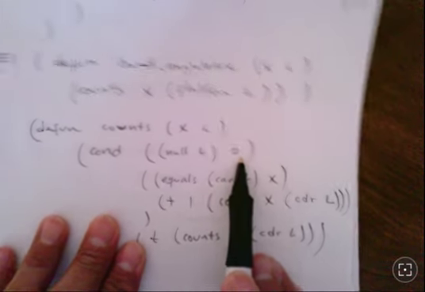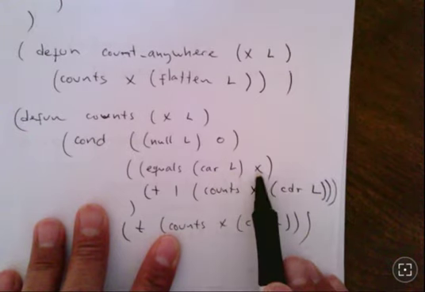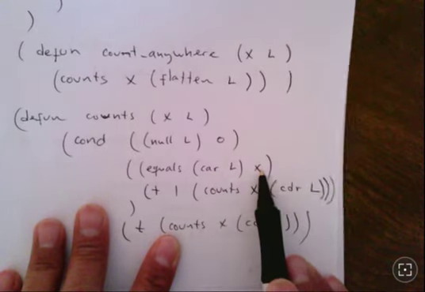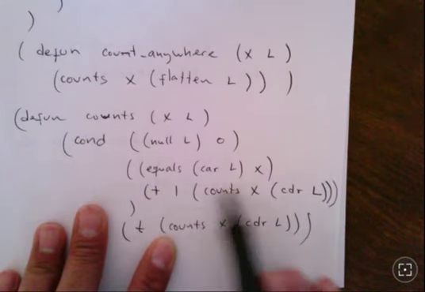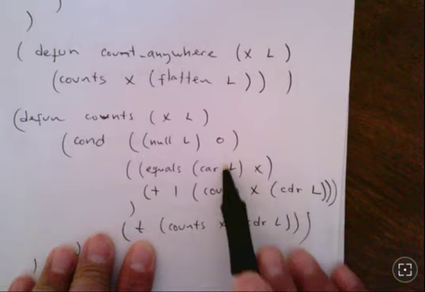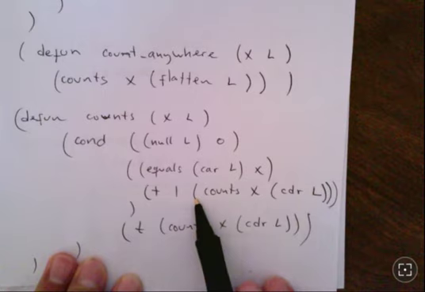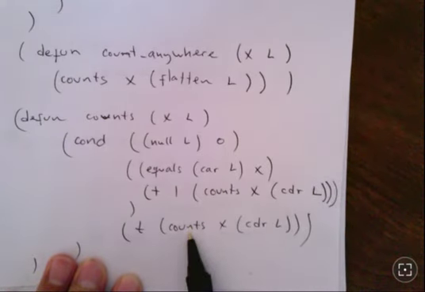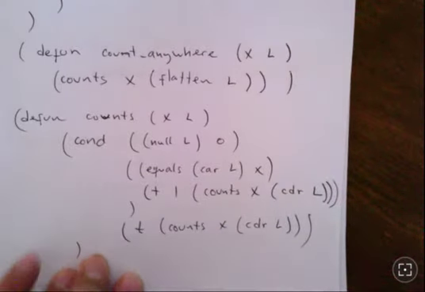It is 0. Otherwise, let's check: is the first element of that list the one that we're looking for? If it is, we found one. Let's add 1 to whatever is the count of those elements in the rest of the list. Otherwise, which is this T, let's ignore the first element and just get whatever is the count of those X's in the rest of the list.